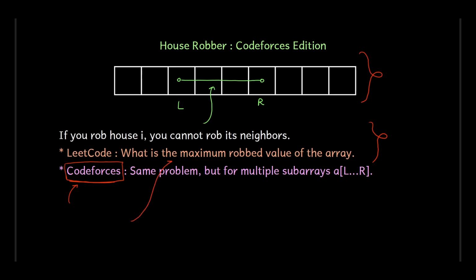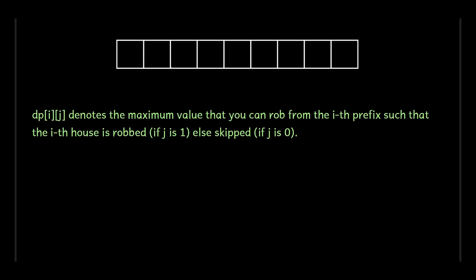How do you solve this Leetcode version in case you are not aware? So this is a very standard dynamic programming problem where you define a 2D DP, DP of i comma j, and this j can either be 0 or it can be 1. So 0 means you have skipped the house and 1 means that you have robbed the ith house.